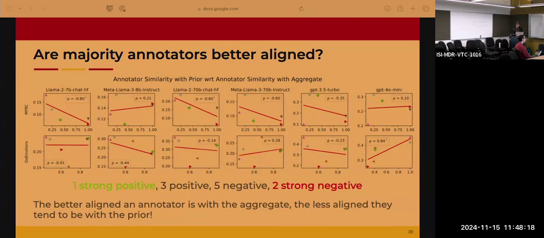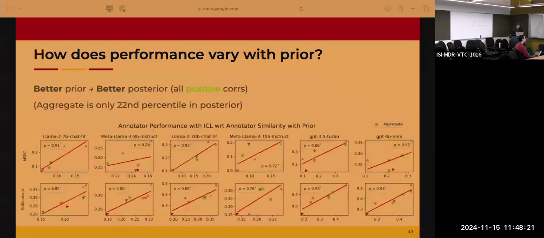We evaluate this further by looking at how performance varies with respect to prior similarity for each annotator. Here we look at annotator performance with in-context learning with respect to annotator similarity with the prior. The performance is on the y-axis and the similarity to the prior is on the x-axis. Here, predictably, a better prior essentially leads to a better posterior.